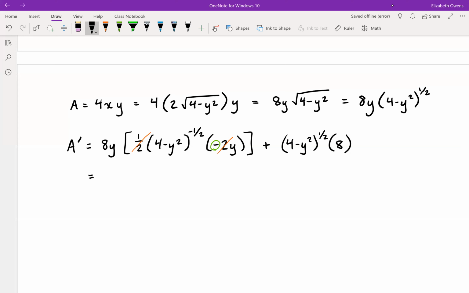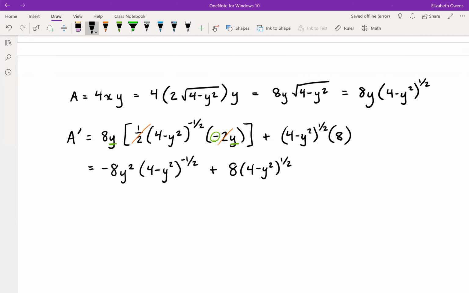So we would have negative 8, and then we have 1y here and another y here. Okay, so negative 8y squared, and then 4 minus y squared to the negative 1/2 power. And then add our second term, 8 times 4 minus y squared to the positive 1/2 power.